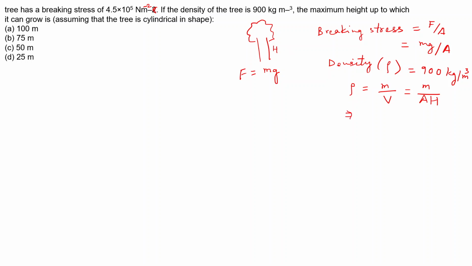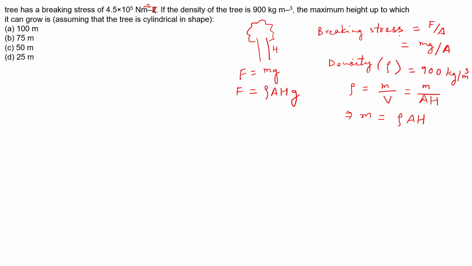Now from here I can write the mass as density times area of cross section times height. Putting this value here, the force will become rho A h times g, where h is the maximum height up to which it can grow.